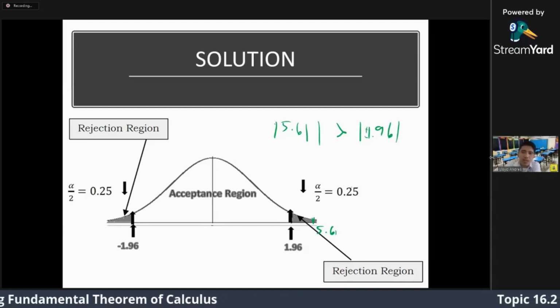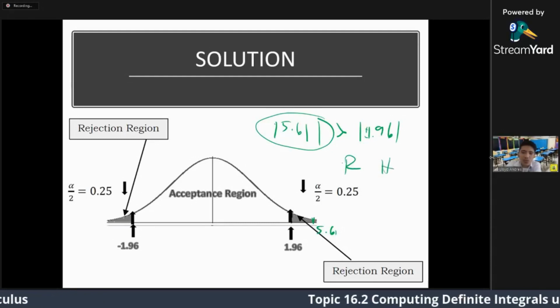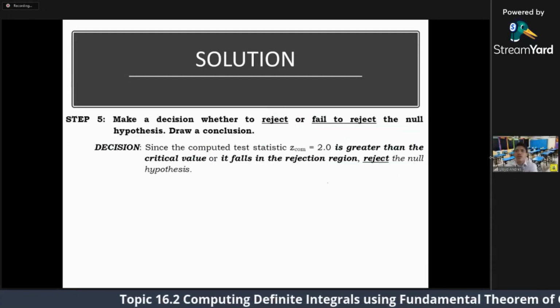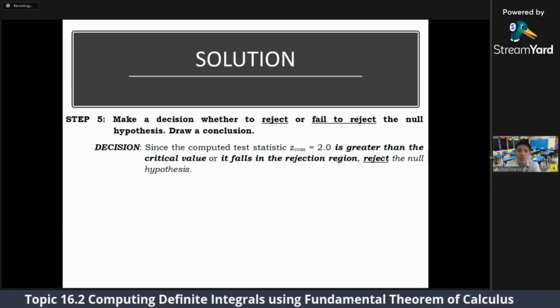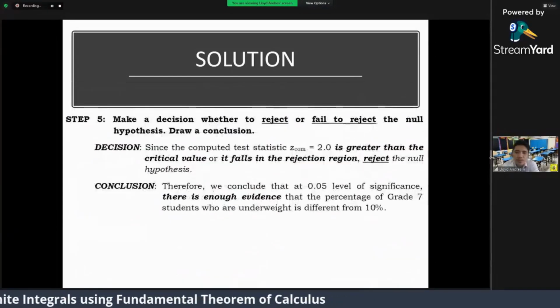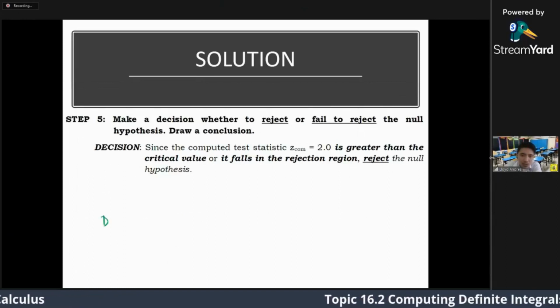Since it is greater, therefore we reject H0. So reject H0 is our decision. And finally, we conclude.